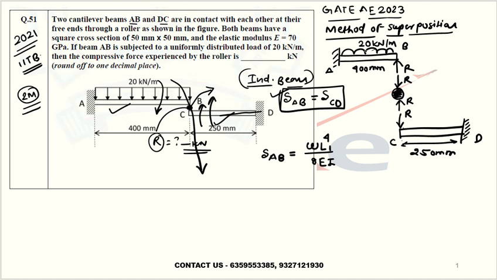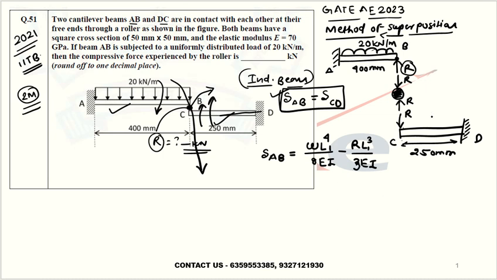Because of UDL I will get deflection in this direction. Now because of this reaction at the end point I will get this kind of deflection, right? So I will take it as negative, R L cube divided by 3 EI. This is the one equation.